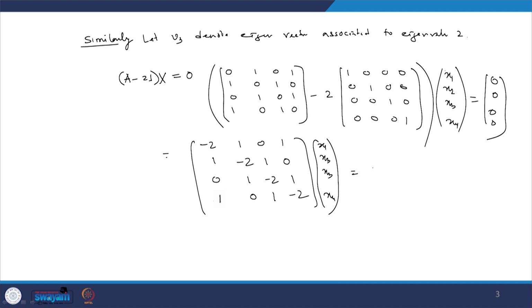Let me consider this as, say, Dx equal to 0.